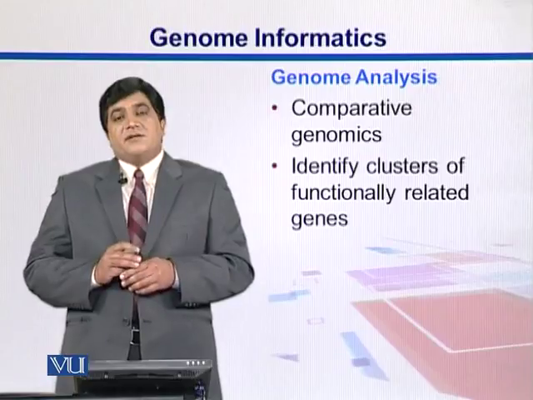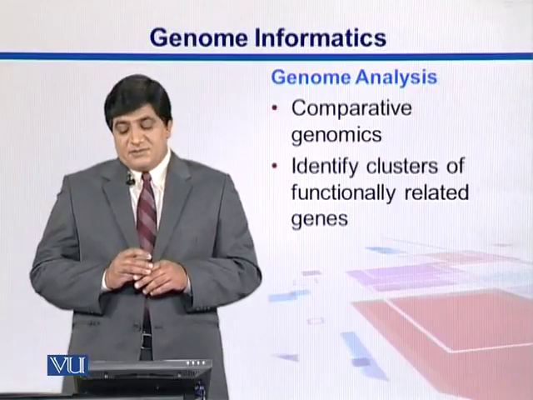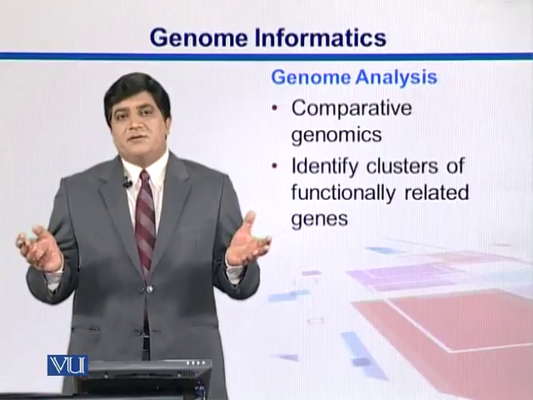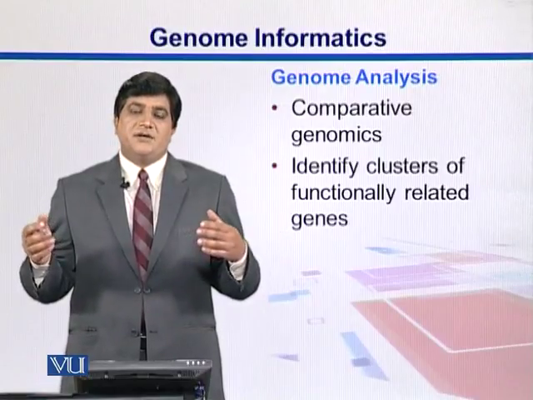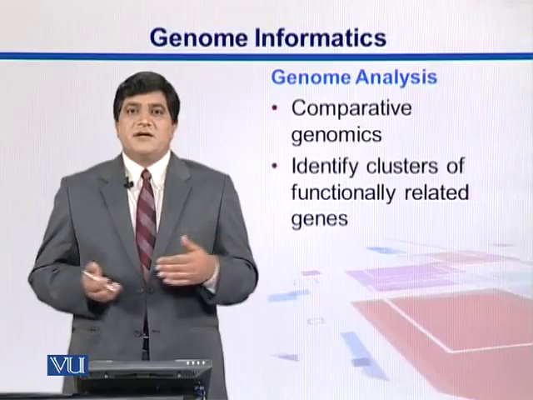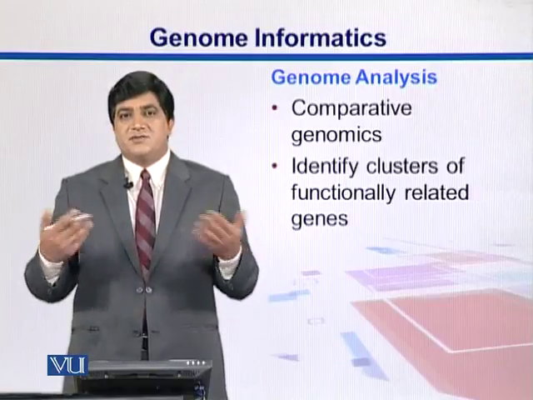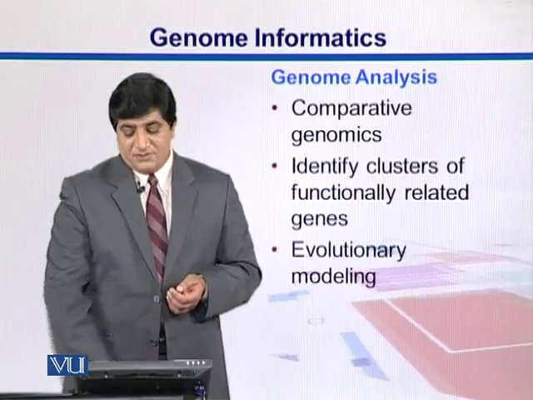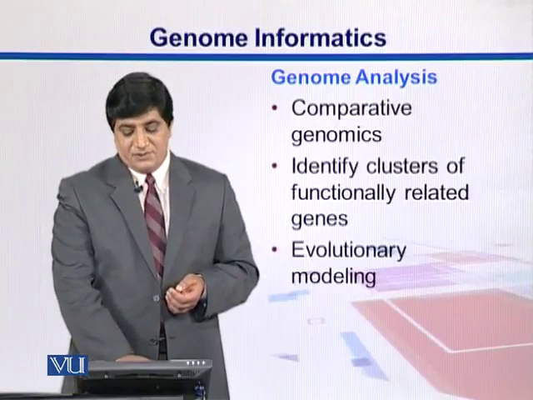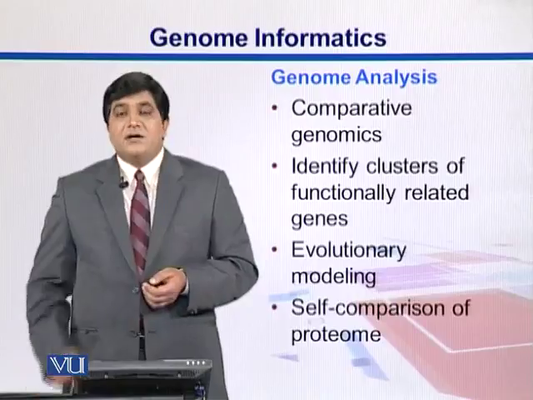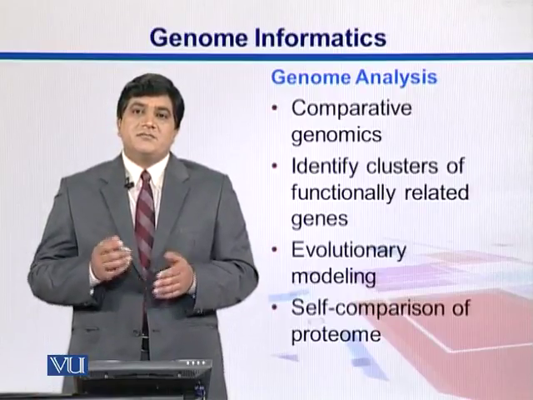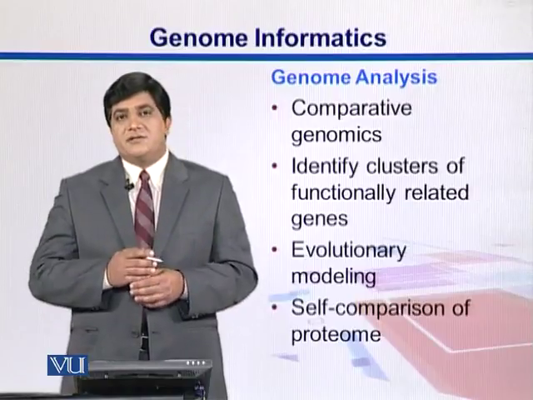We can identify the clusters of functionally related genes, those genes which might have similar structures, similar sequences, and which are performing similar functions. What those genes are can give us the idea about evolution, so obviously we can do evolutionary modeling. Sometimes we are interested in finding the genes which are duplicated within the same organism.